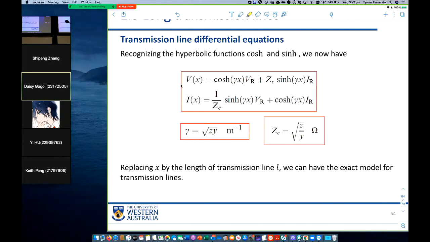So those are the expressions for Vx and Ix, in terms of gamma and ZC and, of course, our initial conditions, VR and IR, which appear in the equation. We have cosh terms and sinh terms there, and our initial conditions and the characteristic impedance and the gamma term.